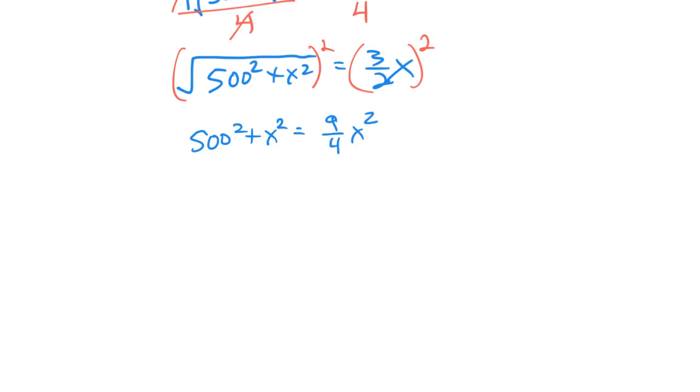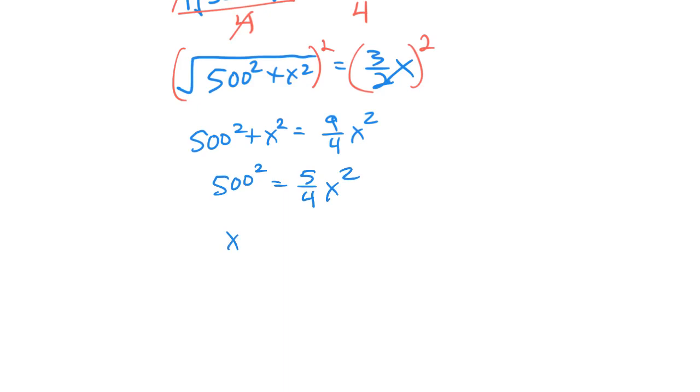So I'm just going to subtract x squared from each side, but I'm going to think of it as 4 over 4 x squared. Then when I subtract it from 9/4 x squared, I get 5/4 x squared. So we get 500 squared equals 5/4 x squared.